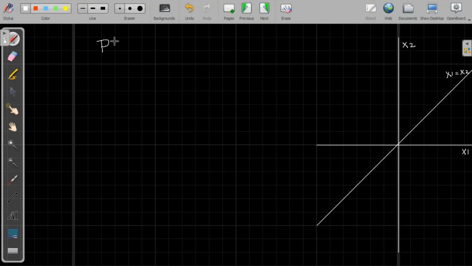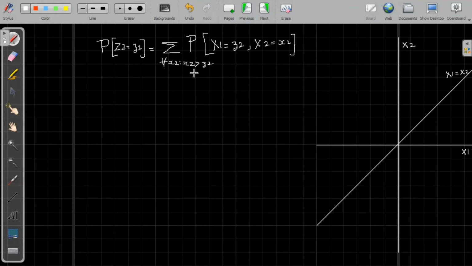It will be summation over all sample values of x2 such that x2 is greater than z2 from joint probability x1 is fixed and is equal to z2 and x2 can vary with sample value small x2 such that x2 is greater than z2.